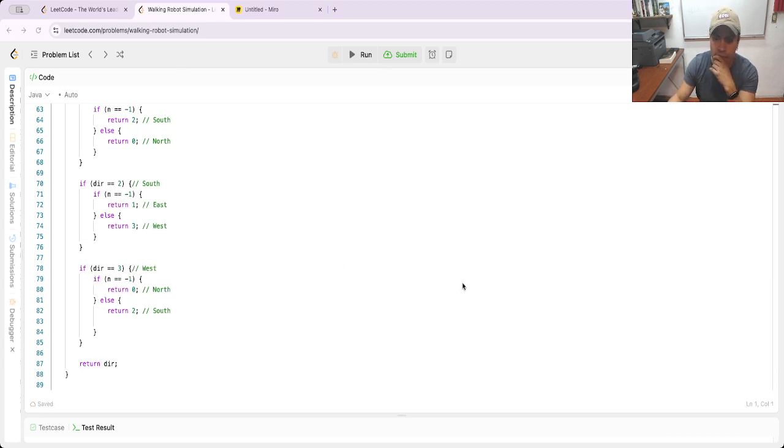I think that maybe it's my way to update the directions.